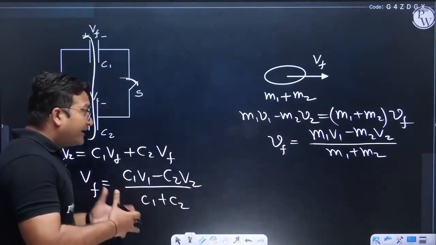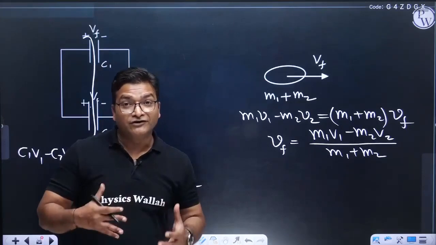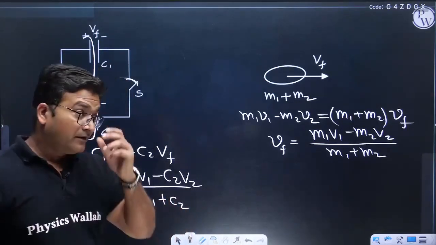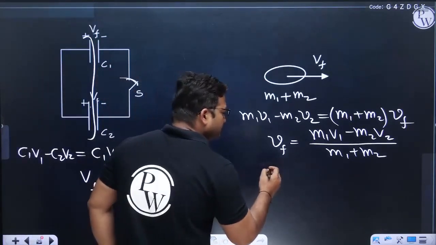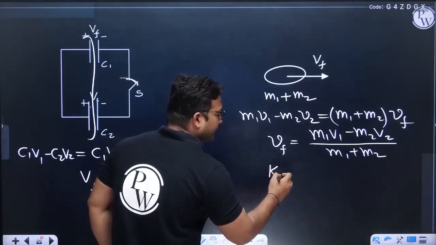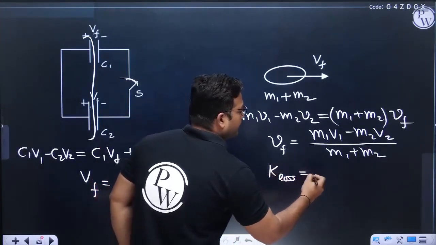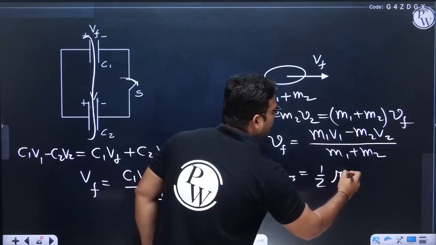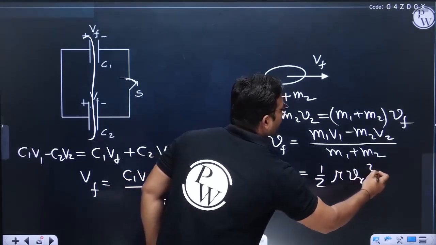But the bigger advantage comes when we talk about heat loss. As you know, the loss of kinetic energy is half mu V relative square.